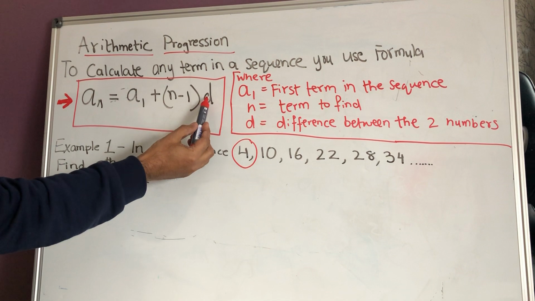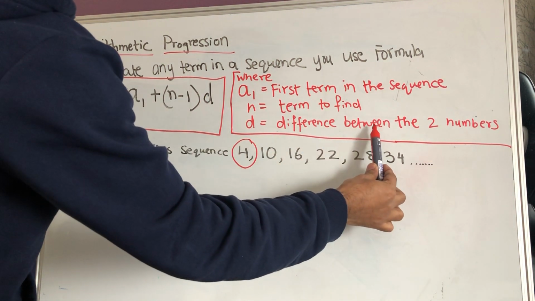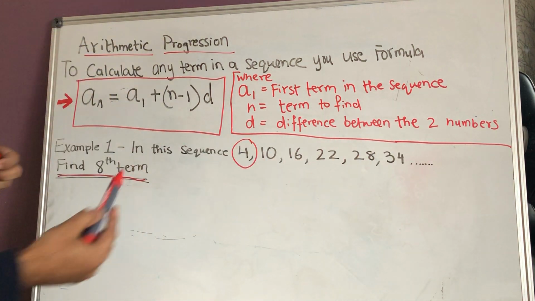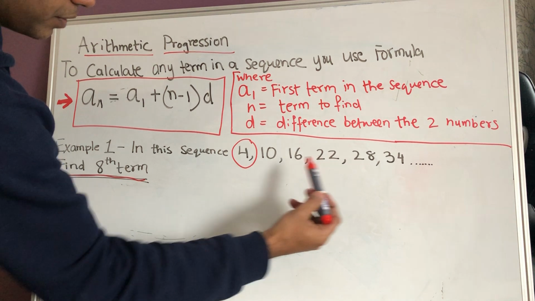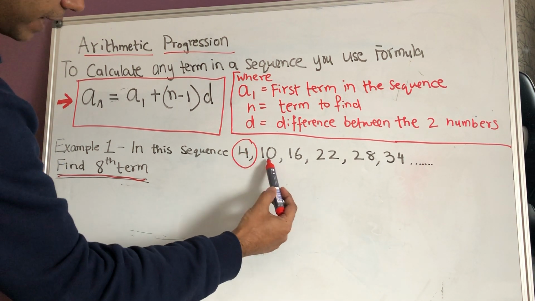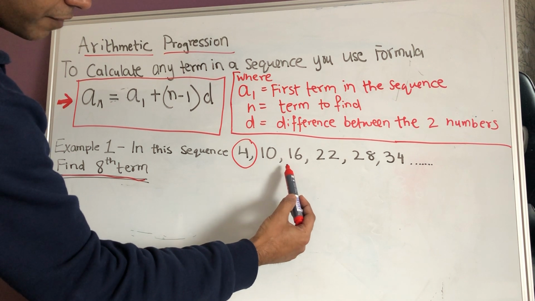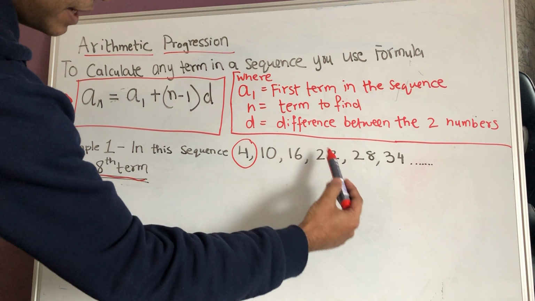d, let's come back to d. d is basically the difference between the two numbers over here. So can you see the pattern? 4, 10, 16, 22. There is a difference of 6 between 4 and 10. Also a difference of 6 between 10 and 16, also between 16 and 22, and so on.